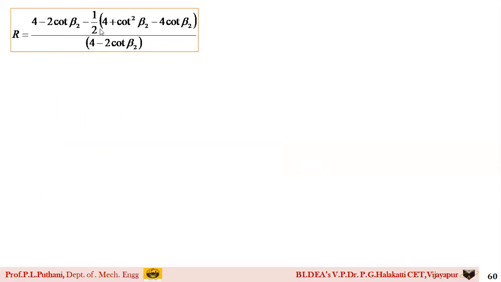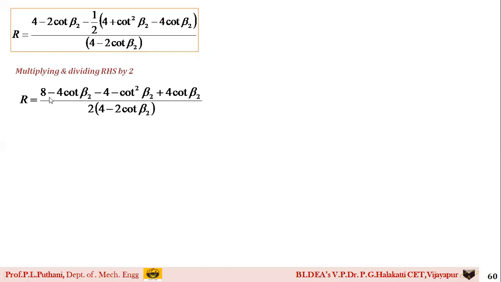Here you multiply the numerator and divide the denominator by 2. I am multiplying the entire RHS by 2 and dividing by 2, which means no change. Why I am doing this, I will let you know: we need the required derivation in the form of the degree of reaction which has been asked. So R is equal to 8 minus 4, since I have multiplied the numerator by 2.